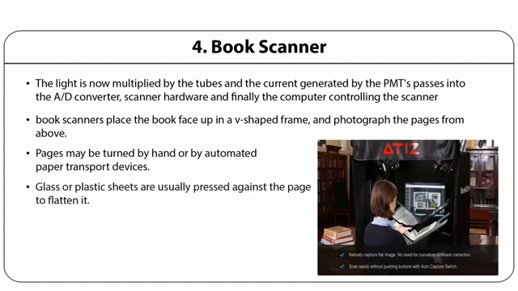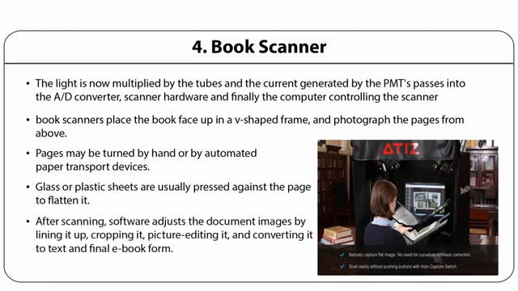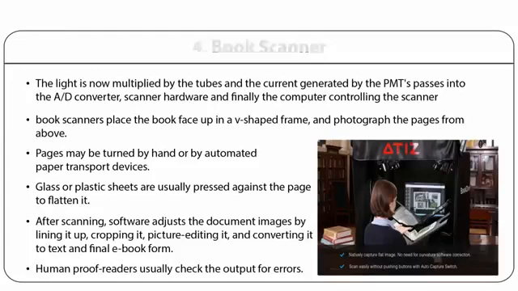Glass or plastic sheets are usually pressed against the page to flatten it. After scanning, software adjusts the document images by lining them up, cropping, picture editing, and converting them to text and final ebook form. Human proofreaders usually check the output for errors.